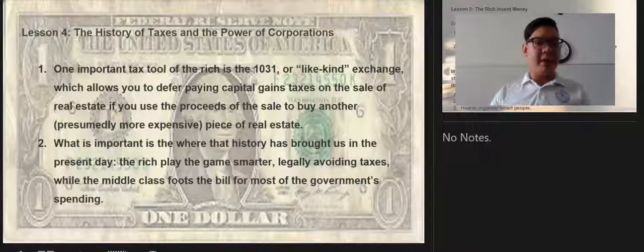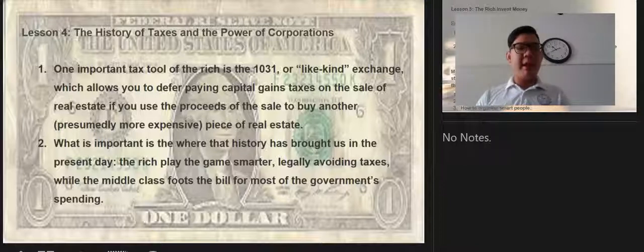The second, what is important is where that history has brought us in the present day. The rich play the game smarter, legally avoid taxes, while the middle class foots the bill for most of the government's spending.